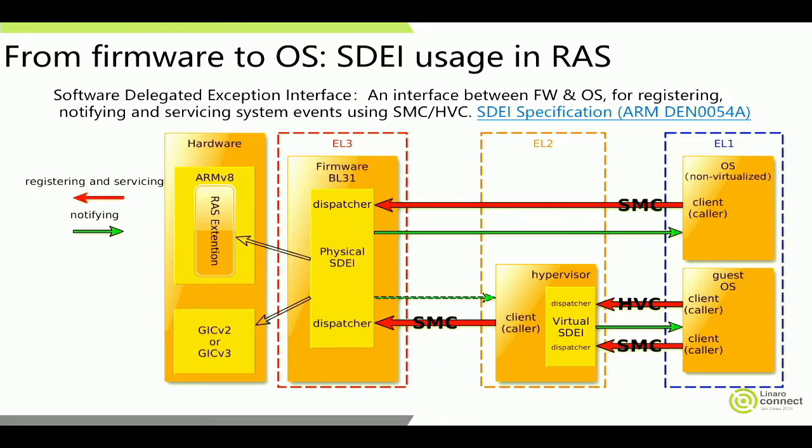So that the OS can decide which interrupt it wants to block. If some error always bugs you, the kernel can really turn it off. You just block it. So by this mechanism, the kernel can really control the interrupt and control the RAS extension.